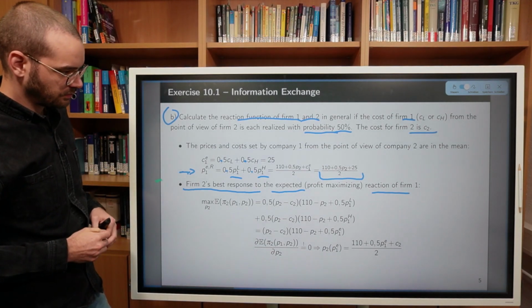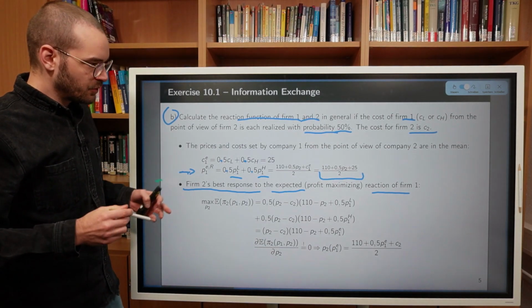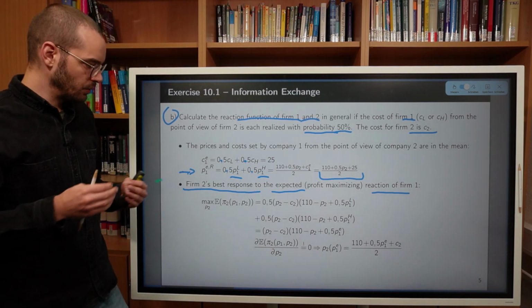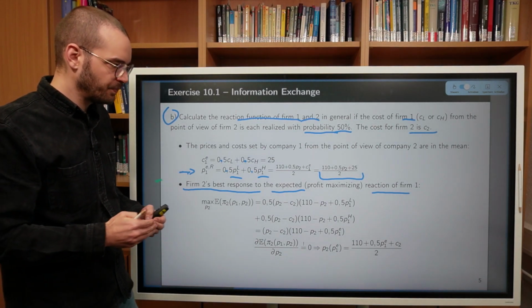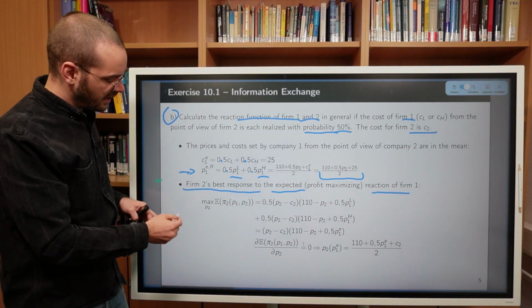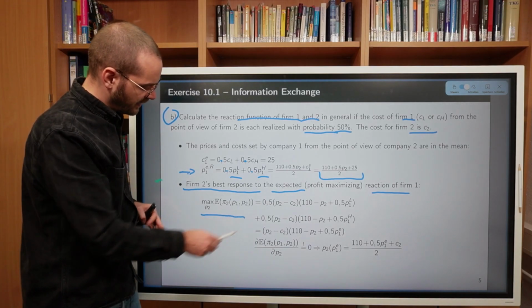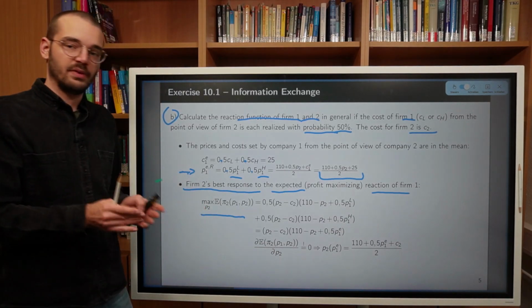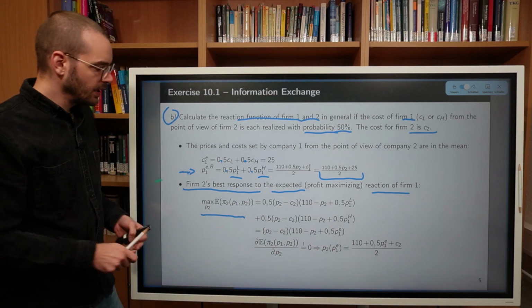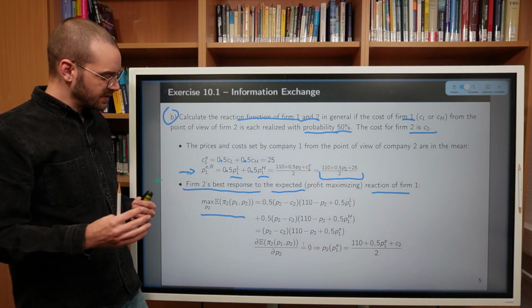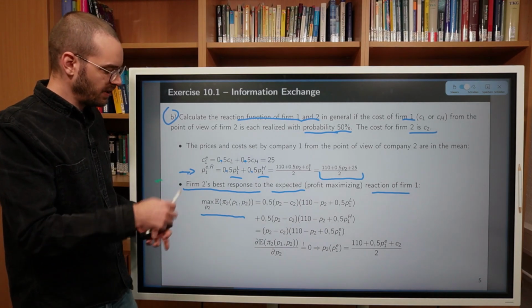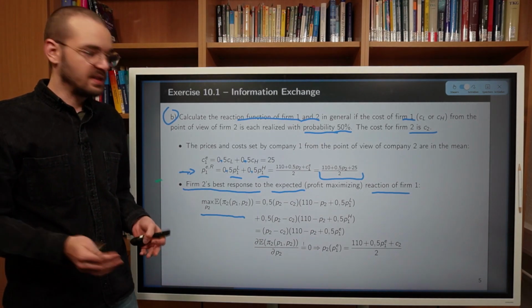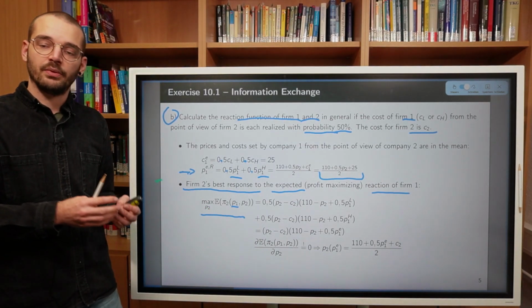All right. So we can basically substitute these reaction functions into one another to find the equilibrium. What is happening here is that firm 2 is maximizing their profits in the usual way as a function of the prices of firm 1 and firm 2. They are maximizing their profits by choosing their strategic parameter P2. However, what is their profit function? Their profit function depends on the price of firm 1.